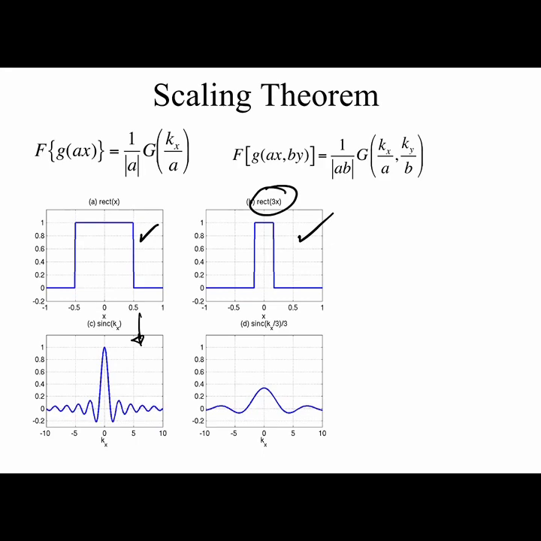And it turns out if I apply the scaling theorem, it's just 1/3 sinc kx over 3. And so this is a stretched out version of my sinc function. So the basic idea that you want to keep in mind for the rest of the course is anytime you squeeze something in one domain, you get wider in the other domain. Okay? So it's basically the uncertainty principle.